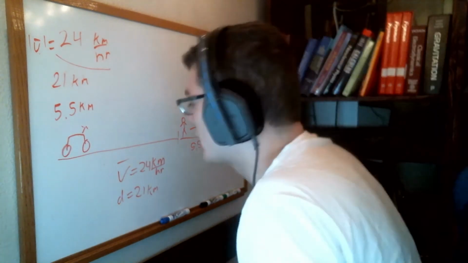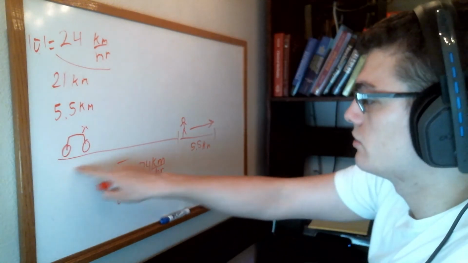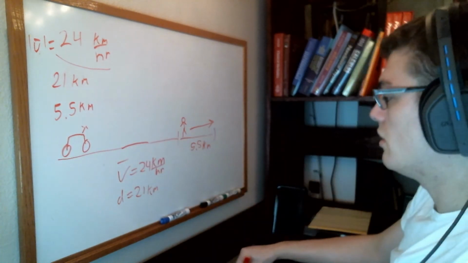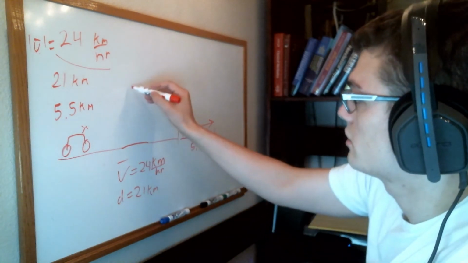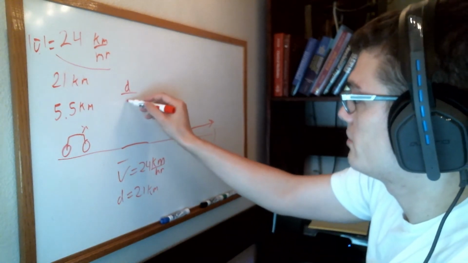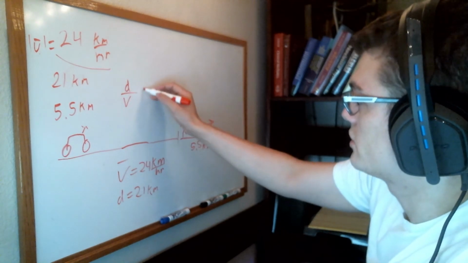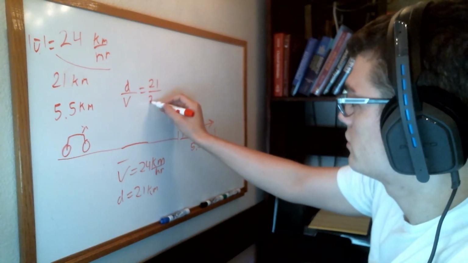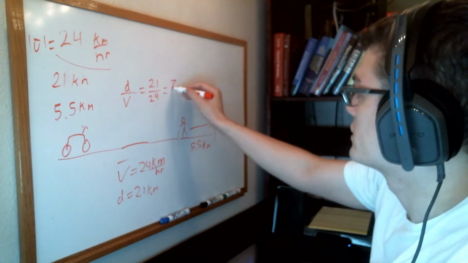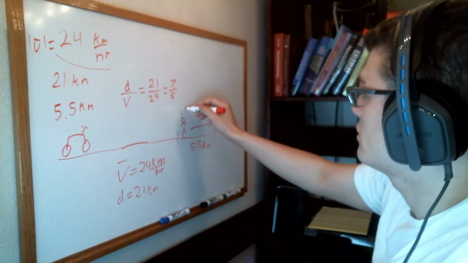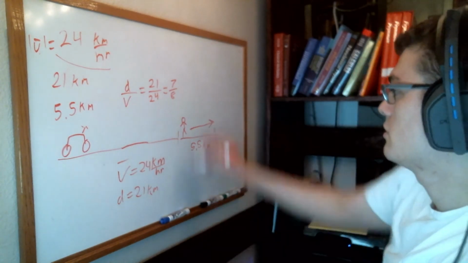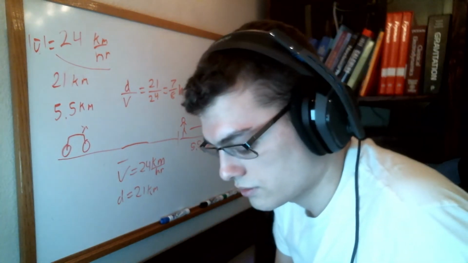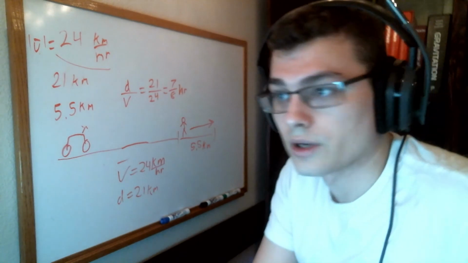And so we can find how much time it takes to bike this certain interval here. All we have to do is take our distance and divide it by our average speed, and that'll give us 21 over 24, which is going to be 7/8 of an hour. Let's do that real quick.